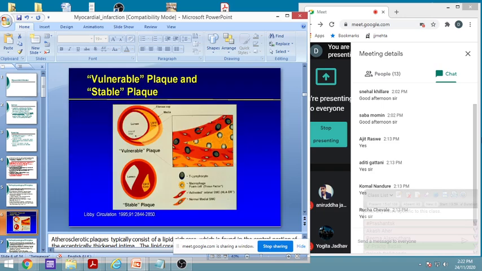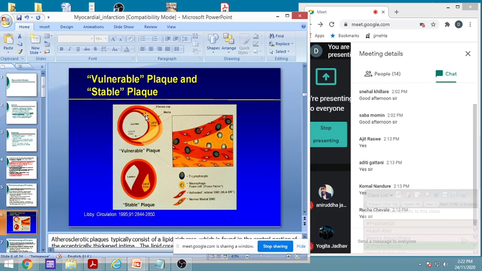There are two types of plaques. Some are vulnerable plaques, some are stable plaques. In stable plaques the lipid core is quite deep inside, while in the vulnerable plaque the lipid core is larger, and you can see the thickness changes.